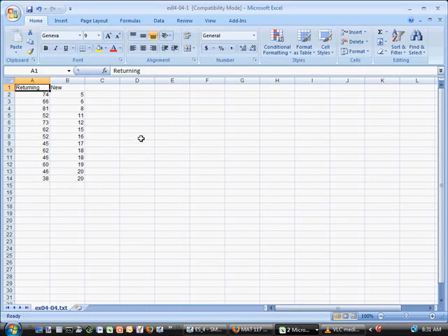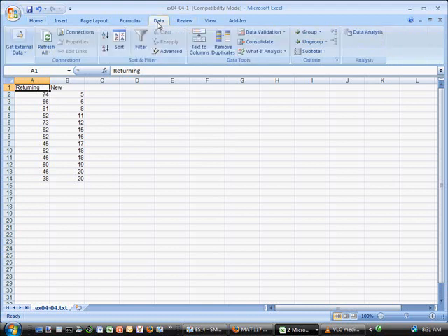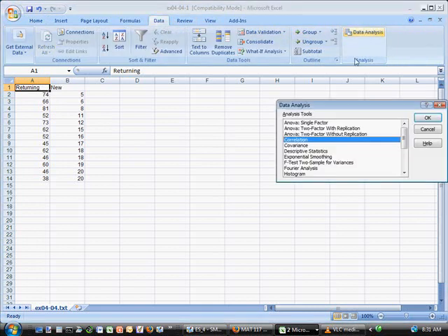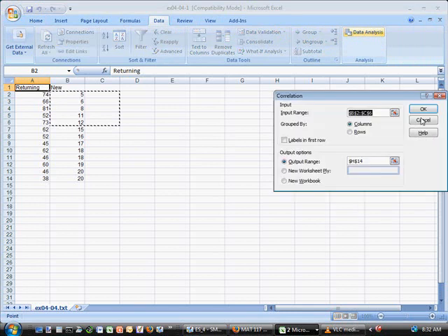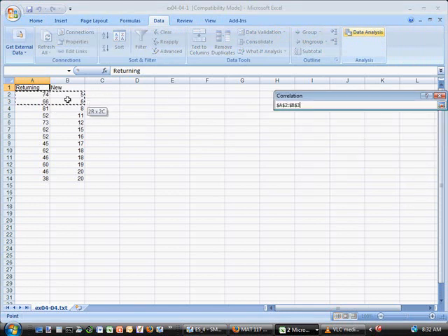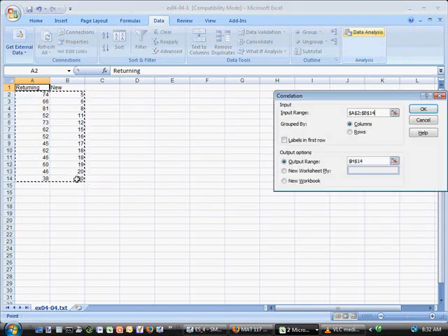Let's just do a correlation on this. Okay, manual, automatic. I'm not going to do another manual with you, but one more time. We want to do data analysis, pick correlation, highlight both columns, output range.